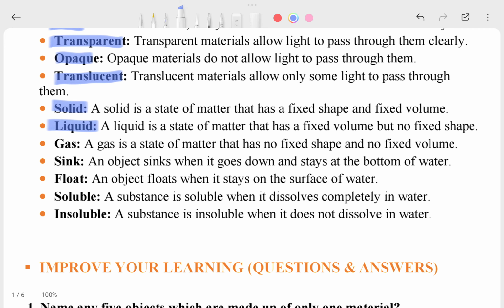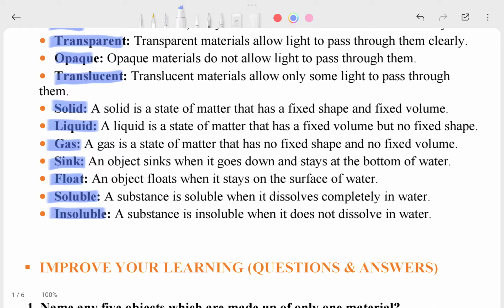Now liquids, gases, sink, float, soluble, insoluble. Soluble means which can dissolve in the water. Like if you take water and sugar, when you mix water and sugar, the sugar will get mixed into the water.